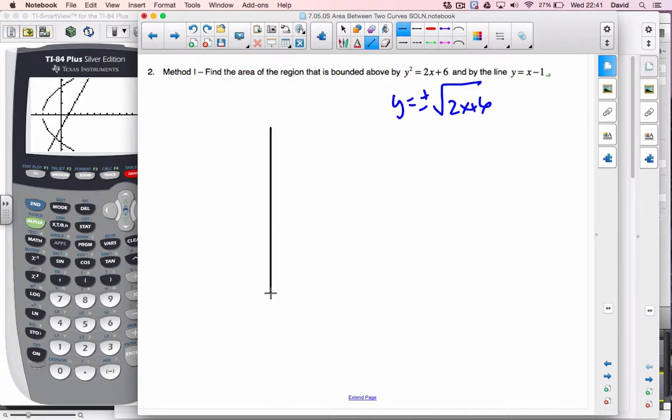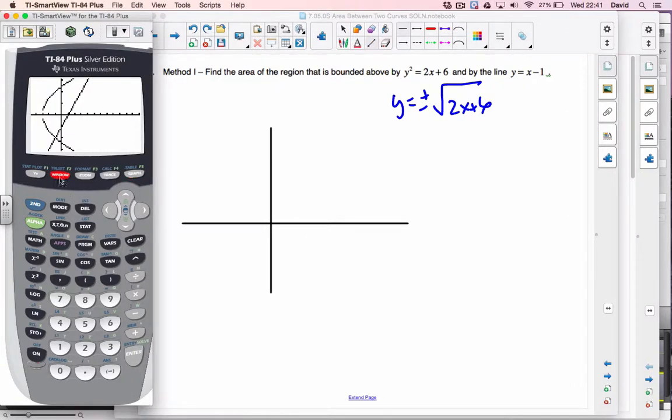That's why I'm not seeing the graph very well. Let me try this again. Let me change my window. I can put this back to being 4, and it's my y maximum. I'm going to make that up to 10. Graph that. Here's the first part. There's the second part, and I still need to adjust. Maximum 6.